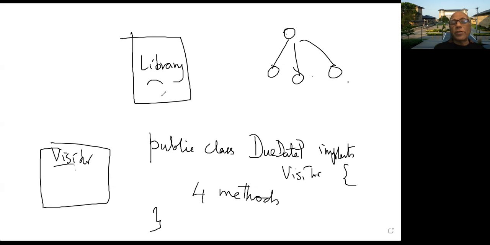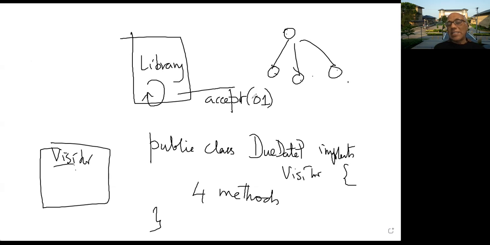And I have a loop here, right? That loops through the entire catalog. And it will call the accept method. So for each object O1, it will call the accept method. What does the accept method do?